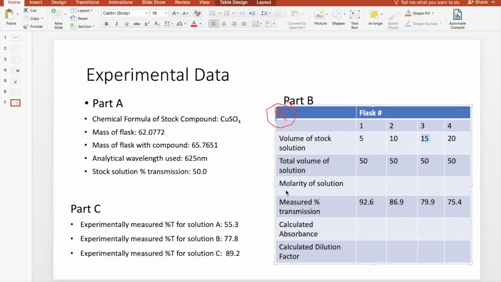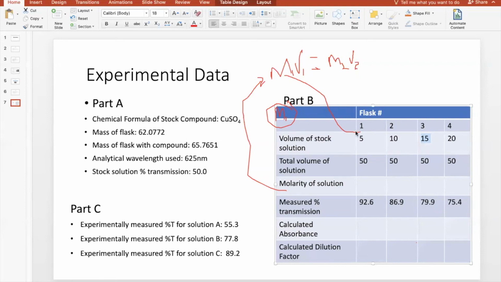Right here, this is what I'll use. M1 V1 equals to what? M2 V2, all right?